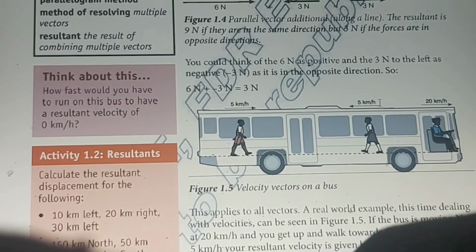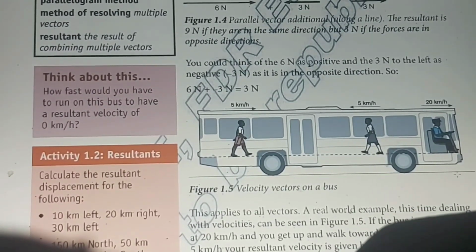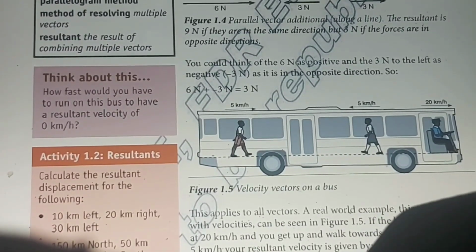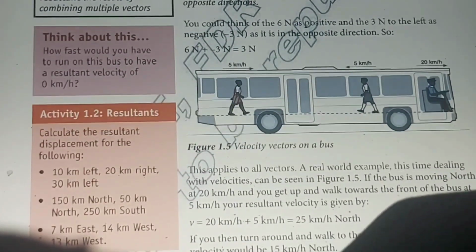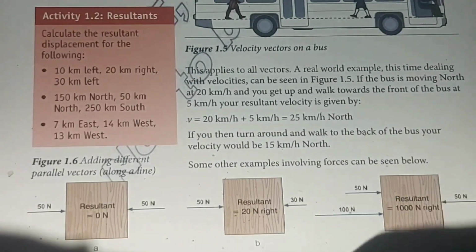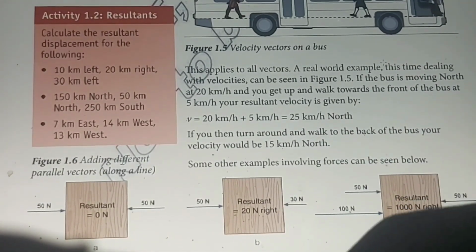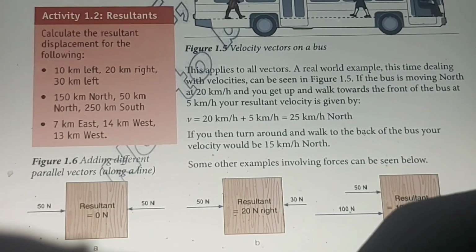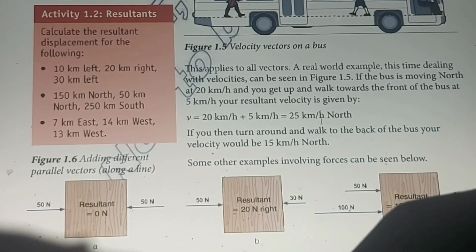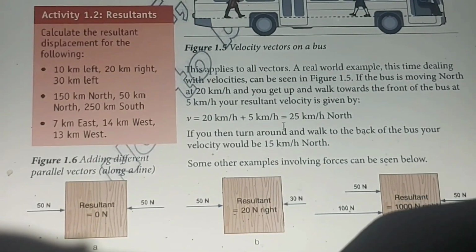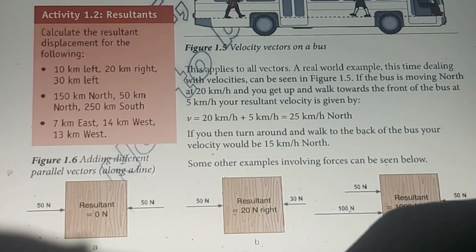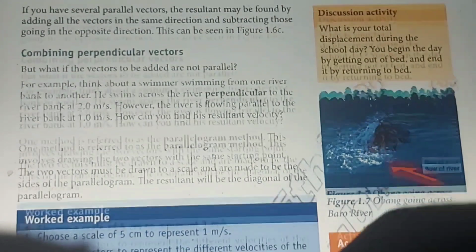So 20 minus 5 kilometers per hour, we have 15 kilometers per hour. Here, we can see the velocity. We can simply set this one to the north, and the bus is moving to the north. So north indicates the direction of the resultant vector.